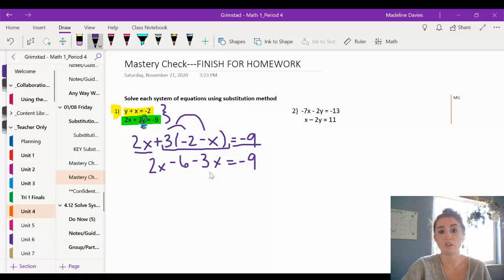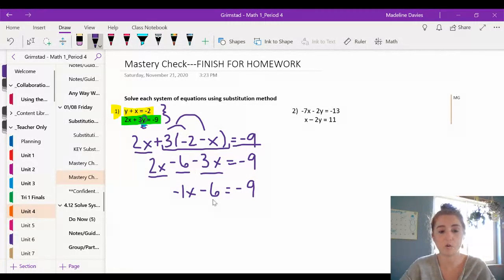Next step, I got to combine my like terms, which in this case is 2x and -3x. 2x minus 3x is -1x, or -x, but I'll just put the 1 here. Got to drop down my -6 equals -9. To get rid of this, I do reverse order of operations since I'm bringing things to either side of the equation.